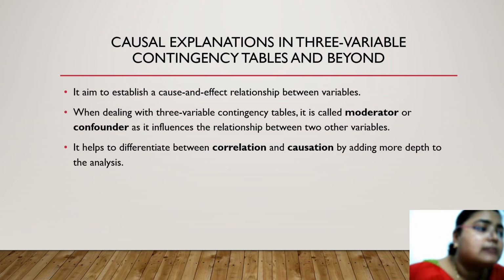Next, this third variable also helps to differentiate between causation and correlation. That is, it gives more depth to the analysis. For example, in the previous slide, in the table we can see there are two variables x and y.